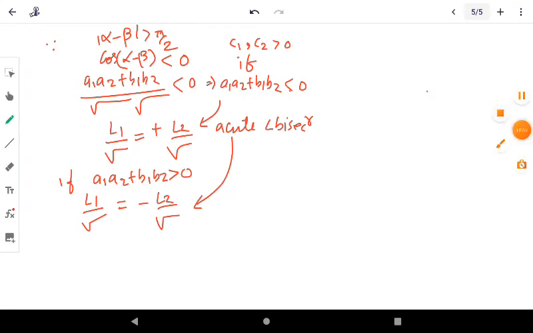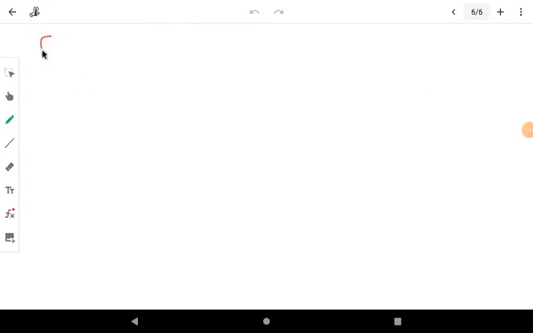Let's see this with an example, guys. Three x minus 4y minus 2 equals to 0. Find the acute angle bisector, and 5x plus 12y minus 11 equals to 0. Here c1 and c2 I have chosen to be of the same sign directly.